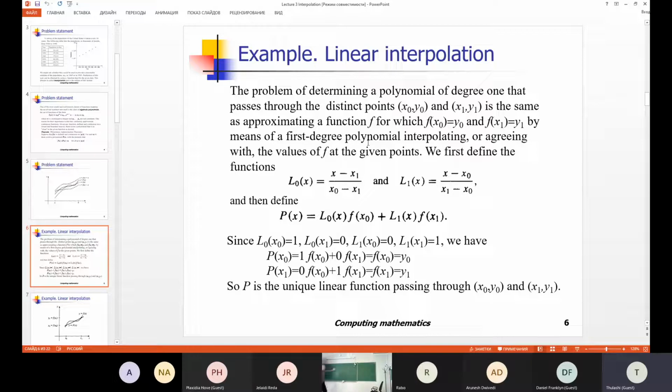Yes, if you substitute x0, it cancels, and you have 1 times y0, plus, what about the second? You substitute x0.